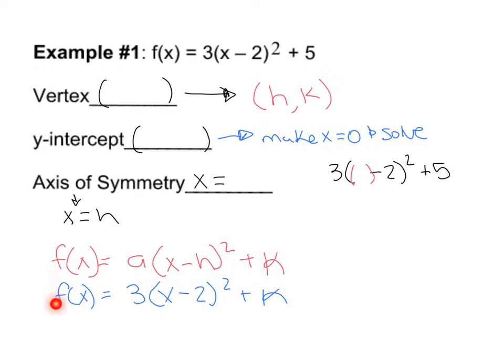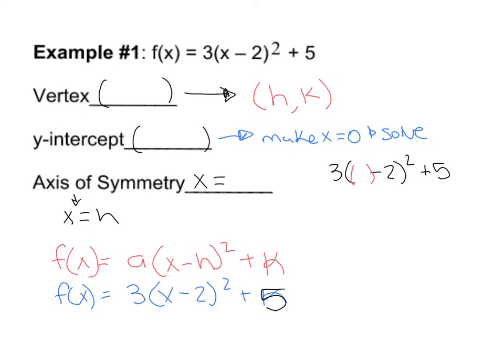And notice what I did to help me: I rewrote it here along with the original formula, or form, of vertex form, okay? Mind you, I just realized this was supposed to be a 5. That way it helps me match everything up perfectly.